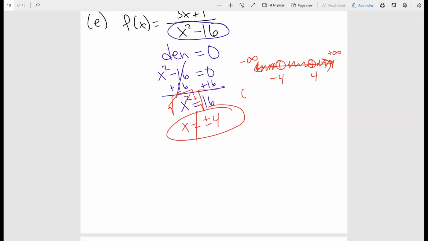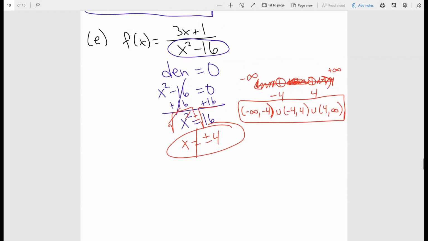So it goes from negative infinity to -4, and I'm not including it, so a parenthesis means not including it. Union, we can include everything on the inside, which is going to be between -4 and 4. That's not included. Union, now it's going to go from 4 all the way to infinity. Not included.